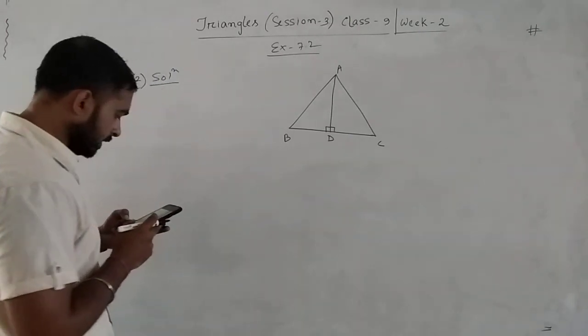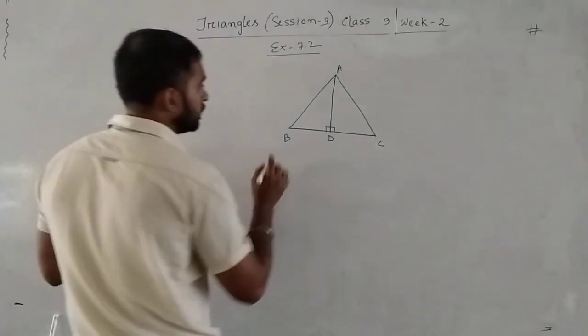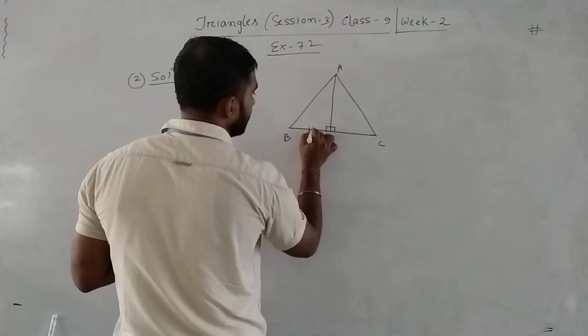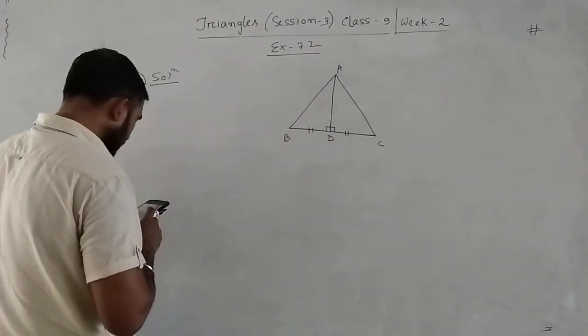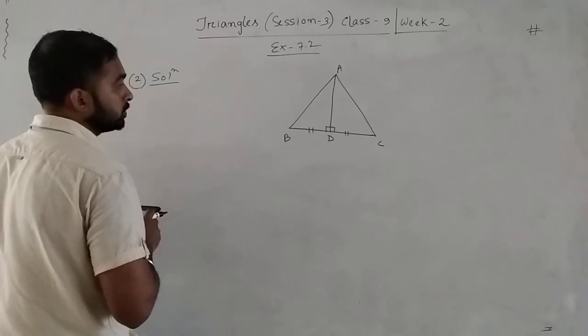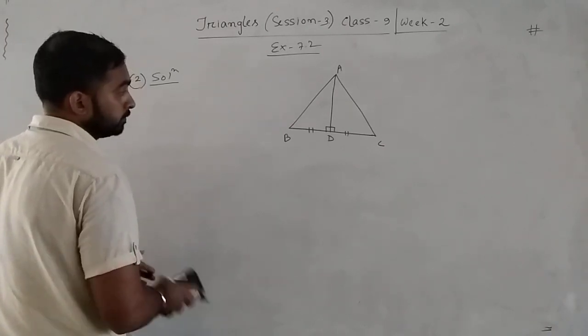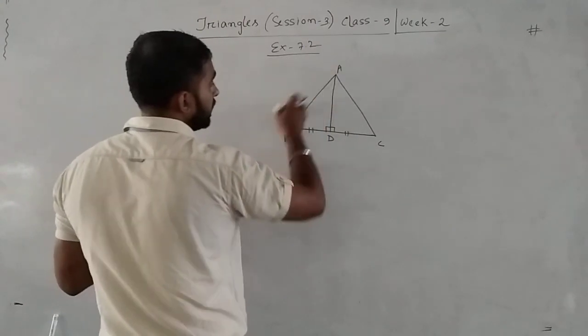In triangle ABC, AD is the perpendicular bisector. That's why BD equal to CD. Show that ABC is an isosceles triangle.